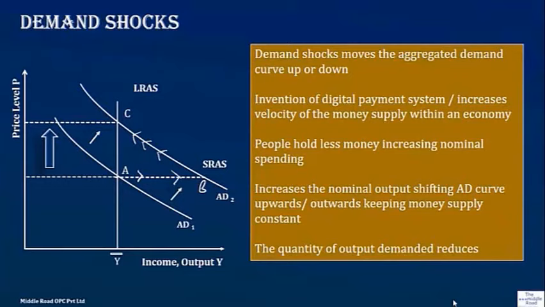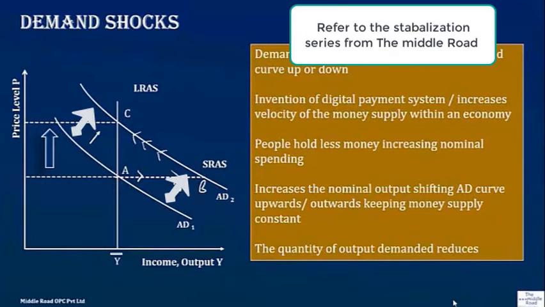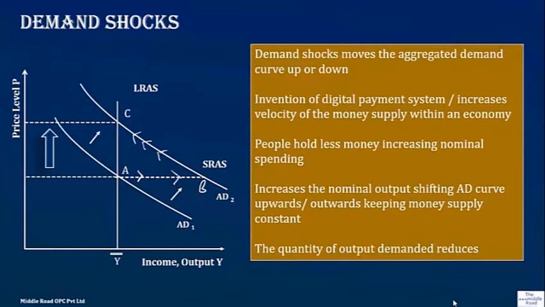It shifts upwards, outwards, you would say, from AD1 to AD2. Now we have point A, point B, and point C. The economy moves over a short period of time from point A to point B, and then it transits back again to point C.